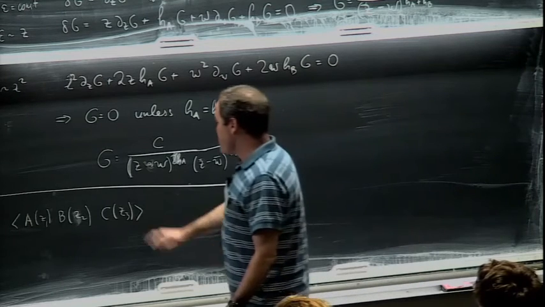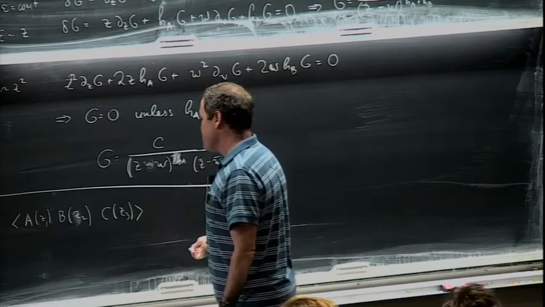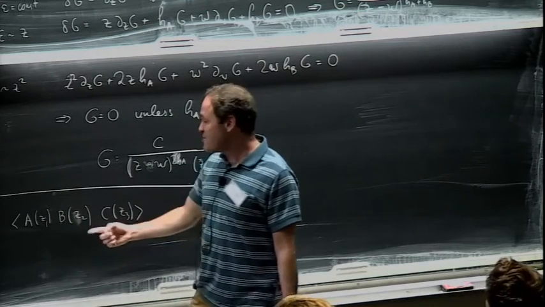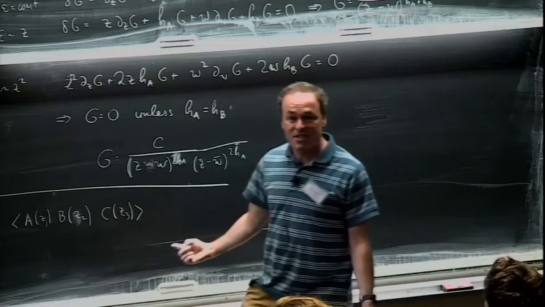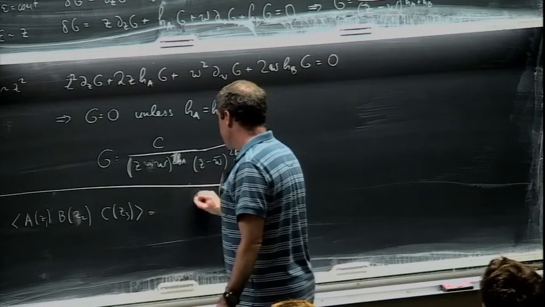Okay, so the 3-point function. How does it behave? Well, you know from scale transformations that if you rescale all coordinates, it should get rescaled by the sum of the dimensions of these objects. And it does. But conformal transformation actually fixes it even further.